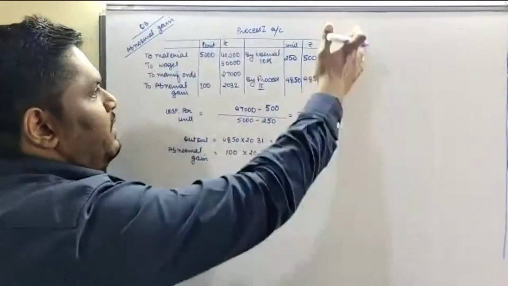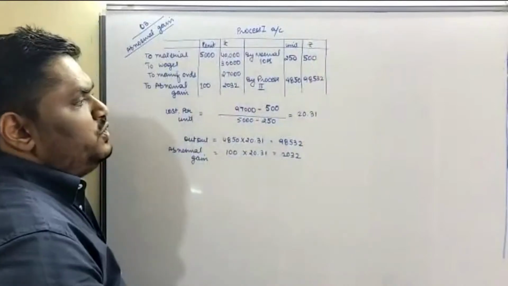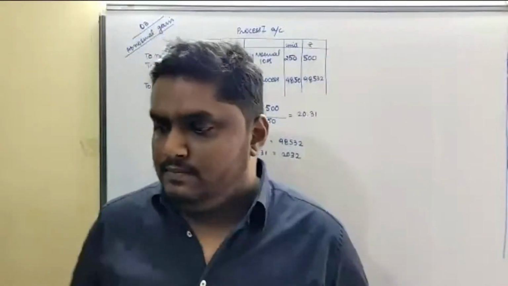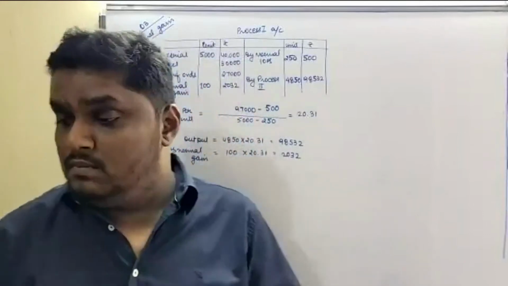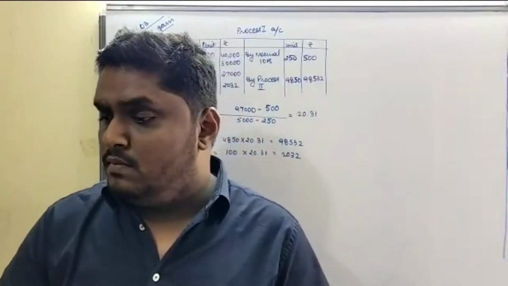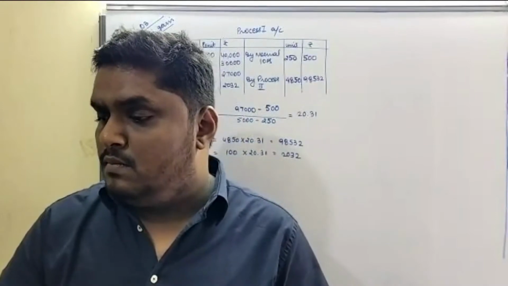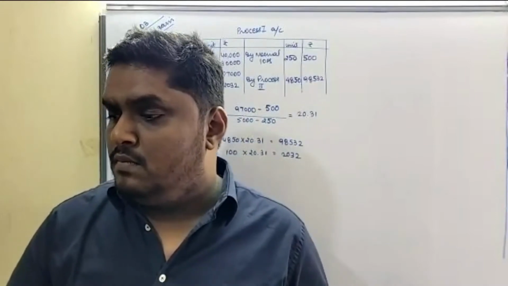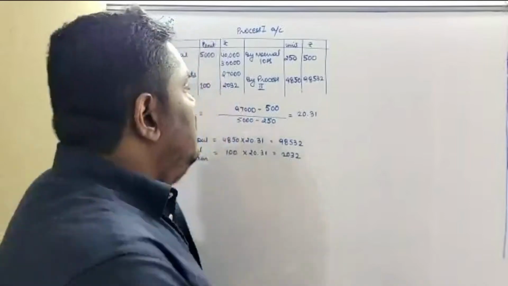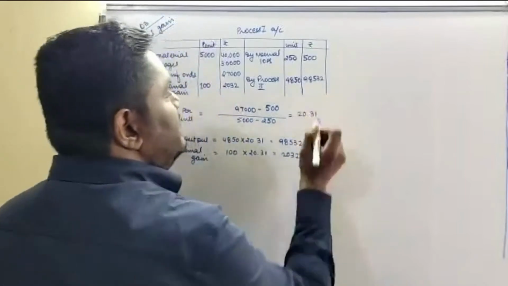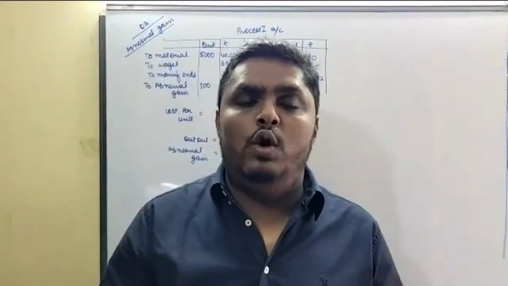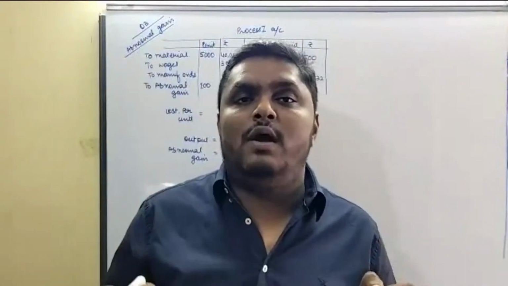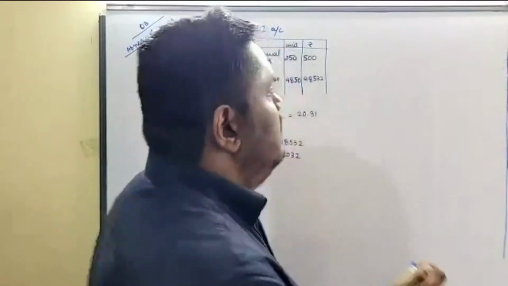If you guys have any doubts in this part, you guys can please post your queries. Now, very important part, guys. Do make a note of it. I'm discussing normal loss account and abnormal gain account.